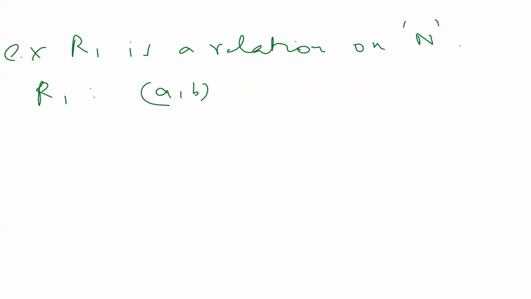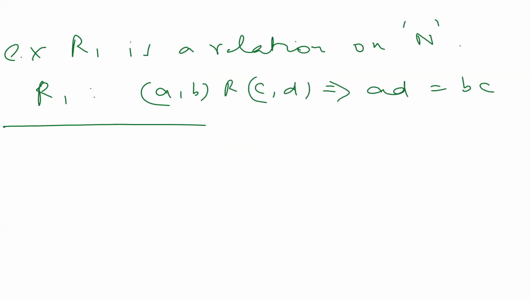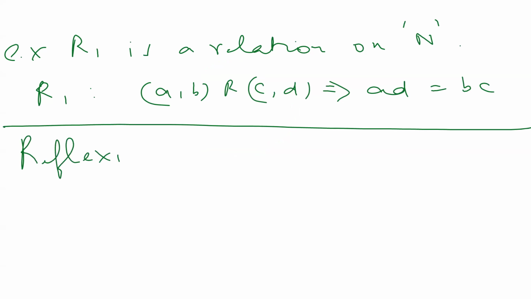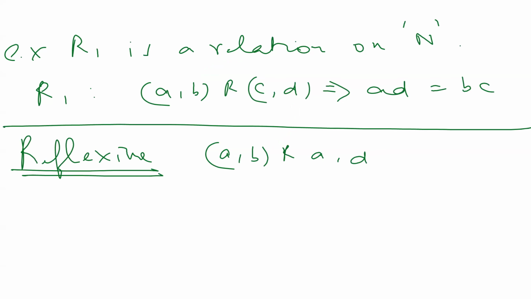Okay. So now let's check whether this is reflexive or not. Now (A, B) relates to (A, B) with itself. In reflexivity, we check the object or the ordered pair with itself.